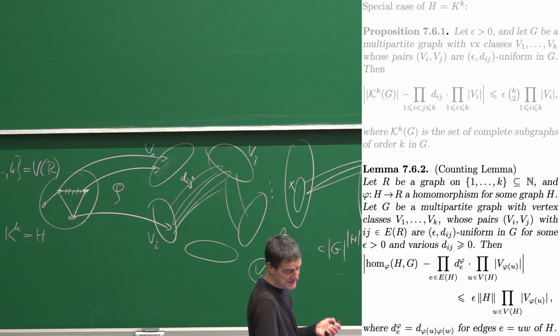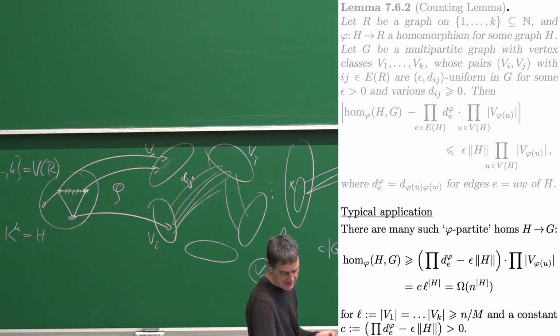So as a typical application, we would show that there are many such homomorphisms. Those that respect phi are going to be called phi-partite homomorphisms. That's just a word, and we'll always be counting those. We want to show that there are many such things, for example at least one. That's an important special case.